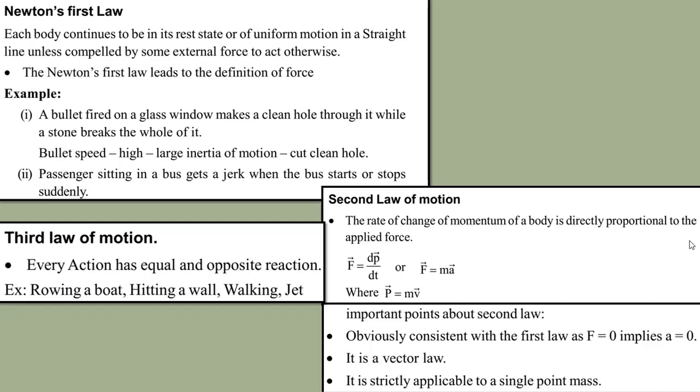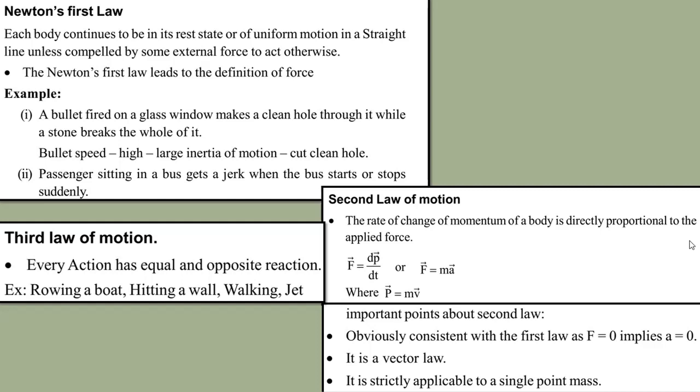Example: a bullet fired at a glass window makes a clean hole through it, while a stone breaks the whole of it. Bullet speed is high, large inertia of motion, cuts a clean hole. The passenger sitting in a bus gets a jerk when the bus starts or stops suddenly.